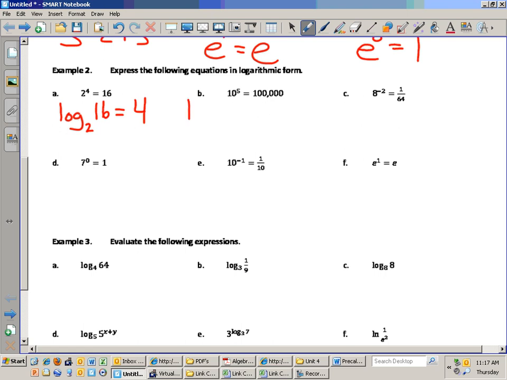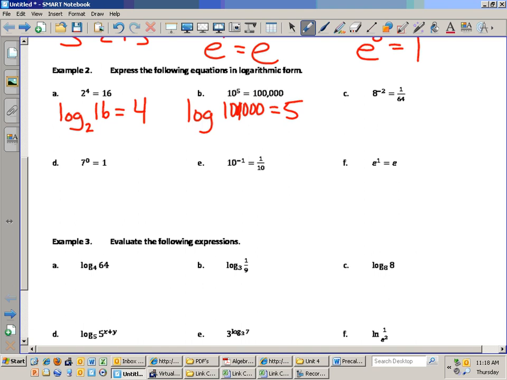All right. This one will be log base what? Do I have to write 10? I don't, because 10 is the assumed base. So I'm not going to write it. You sure can. The log of 100,000 is 5. All right.